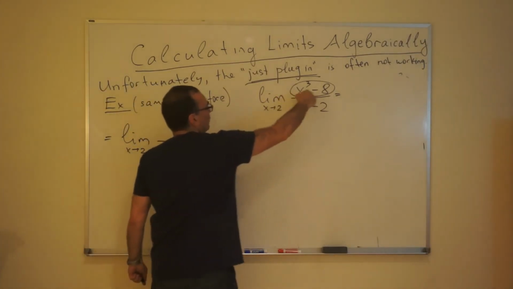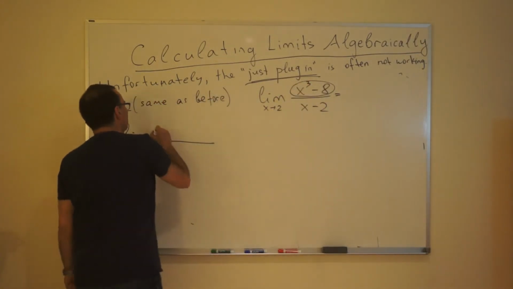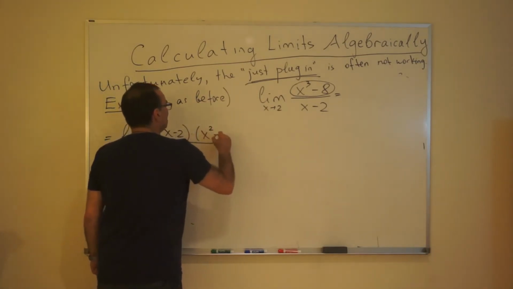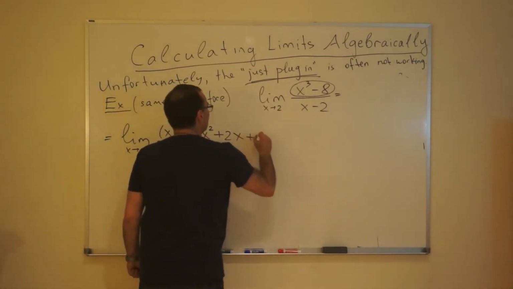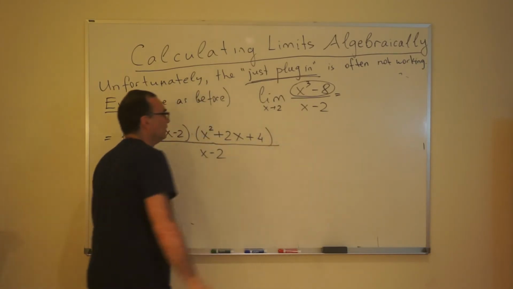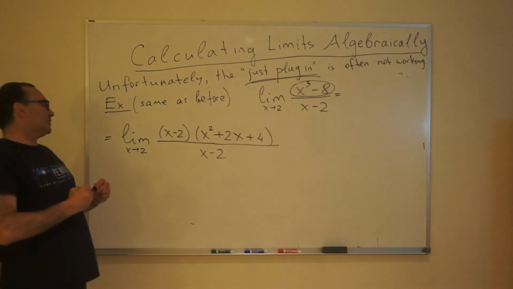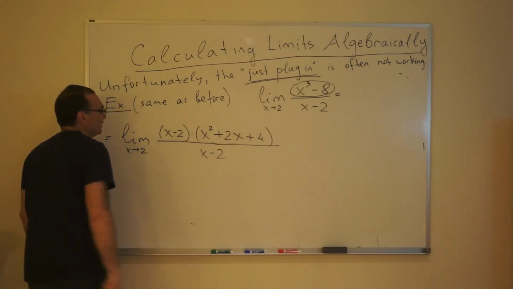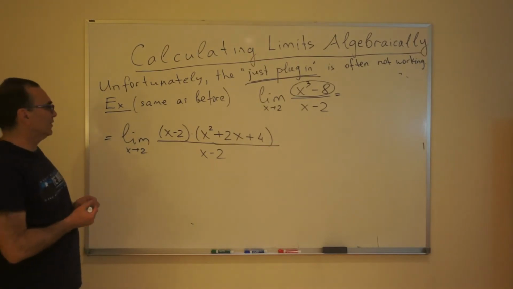Once again, we know how to factor the numerator. It factors as x minus 2 times x squared plus 2x plus 4, all of that over x minus 2. And now the next algebraic manipulation would be to cancel x minus 2 in the numerator and denominator.